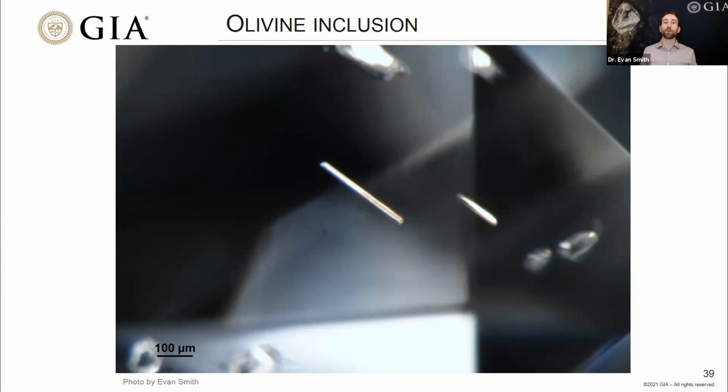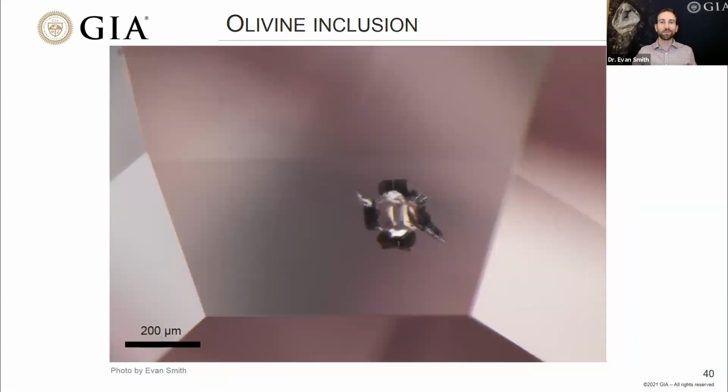If you didn't have that information and you just saw a colorless inclusion like this, you wouldn't be able to confidently conclude that it's olivine, but you could guess that it's olivine. Here's another olivine inclusion, and this one has some little fractures around it, almost like those sulfide inclusions. These little fractures are black because some of the material along the fracture has turned to graphite.